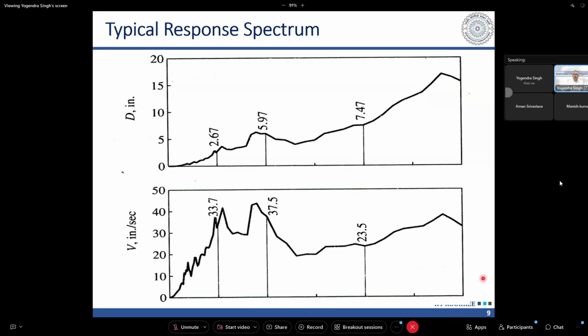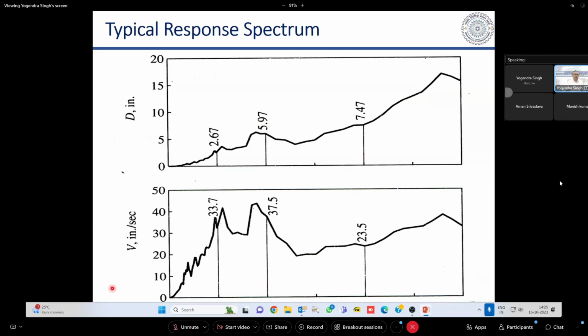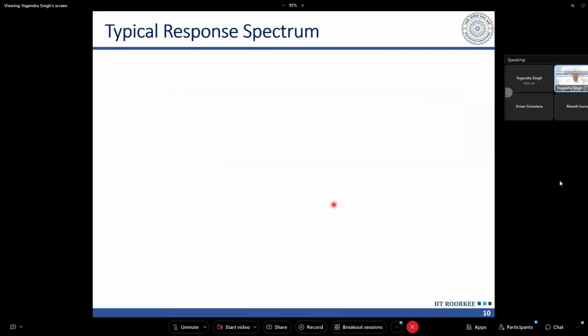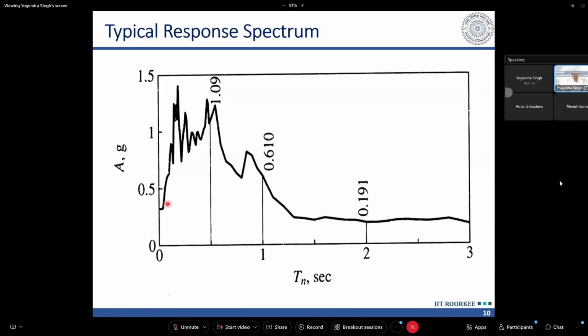Now, if we look at the acceleration spectrum, it is something like this, where it increases initially, then it becomes constant, and then it is decreasing. And you see there is a small flat portion shown here.